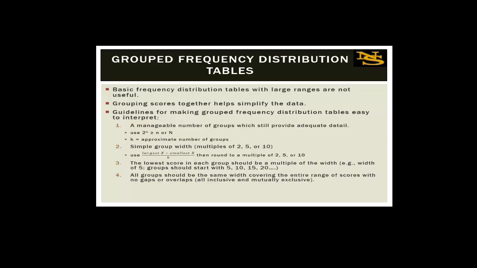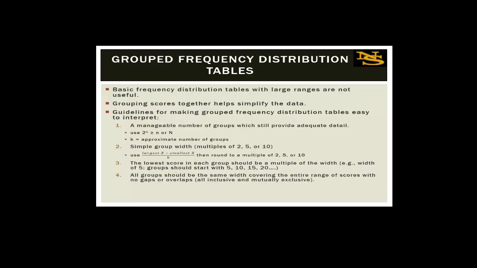The way that you can group scores together, and this is not in your book, but it's a strategy that will really help you figure it out pretty easily without creating a bunch of different tables to see which one's better. The first step is to figure out how many groups you need in your table.